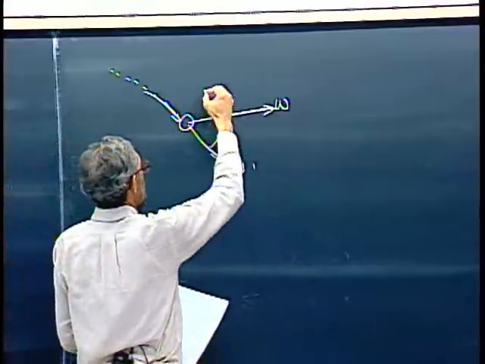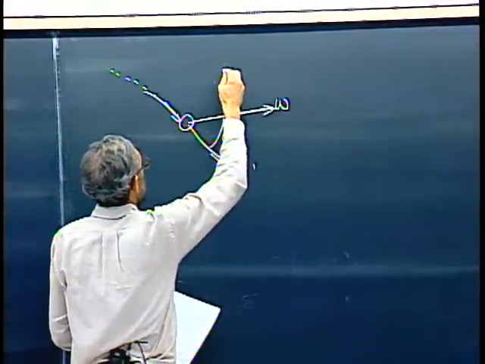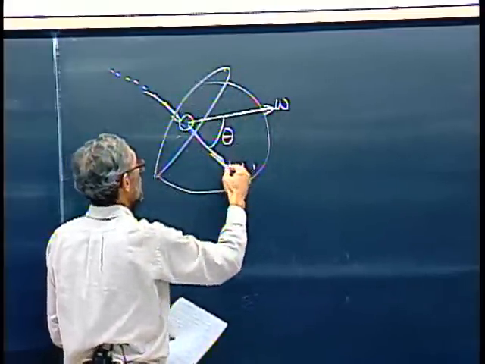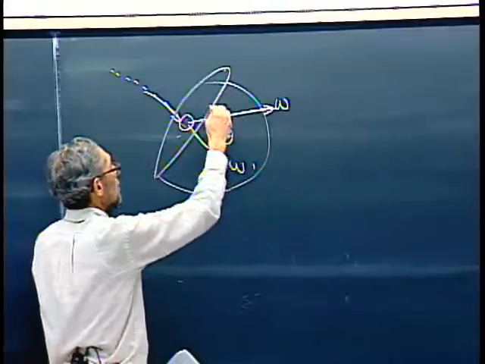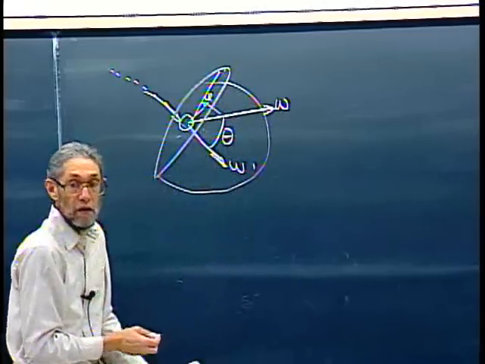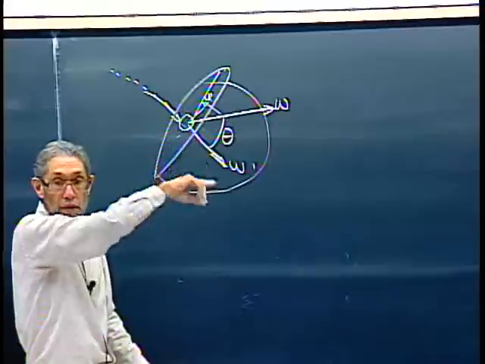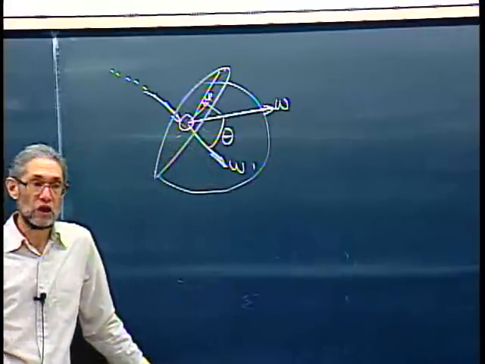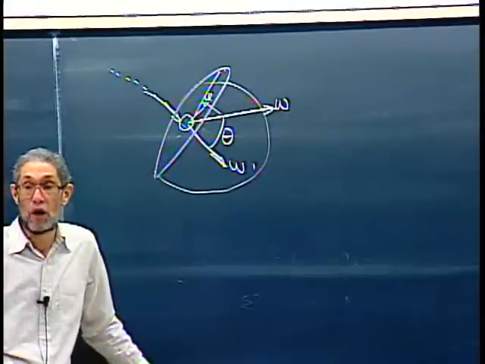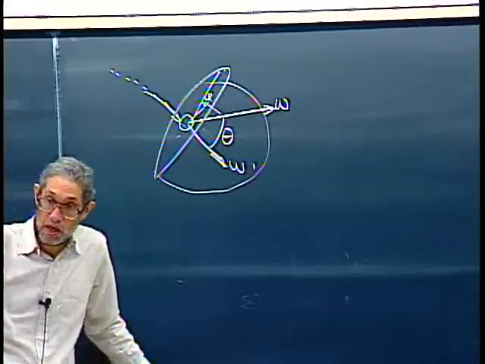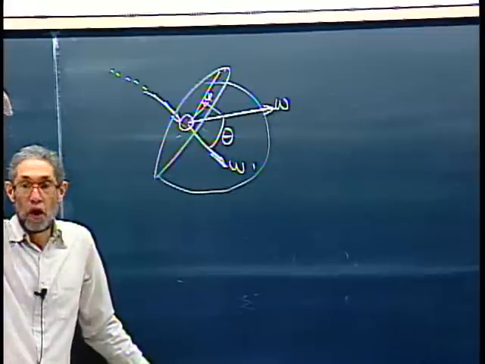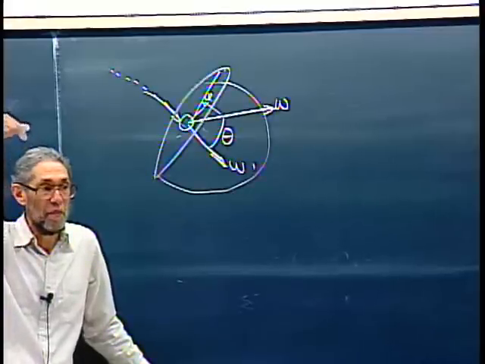We have another angle: say we make some plane perpendicular to this incoming ray, and we have a sphere whose north pole is along this ray, there's another angle that's projected into this plane. This is this phi angle we've been talking about, the azimuthal angle. It's going to be equal probability if these are spherical particles, or even if they're like snowflakes, if they're randomly oriented. Then on the average, the scattering is going to depend only on the angle between the incoming and outgoing directions. That's not always true. If your snowflakes are oriented so that they're hanging vertically, then maybe there is a dependence.